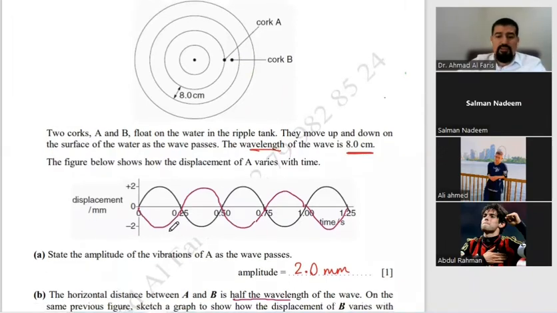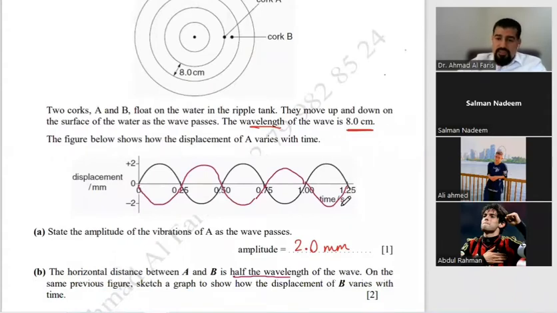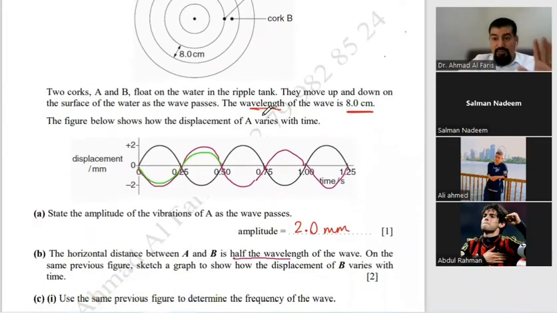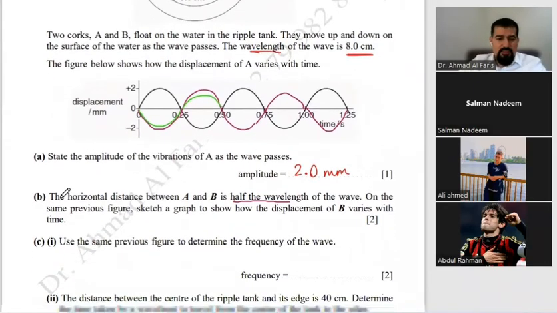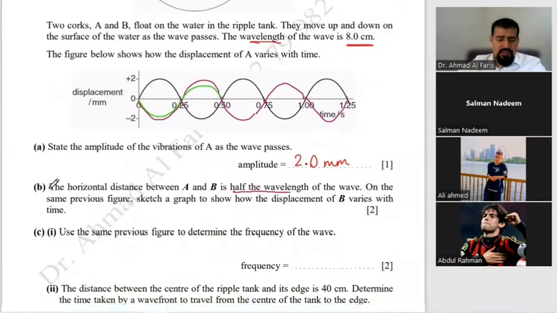So if you want to draw B a little bit less than the amplitude of -2, I think it is accepted, but don't worry, they will not put marks on that, unless they give you information. Okay, this is part B of this question.